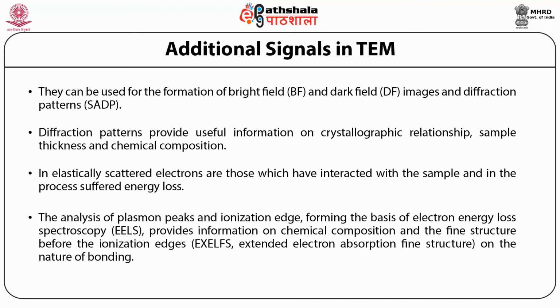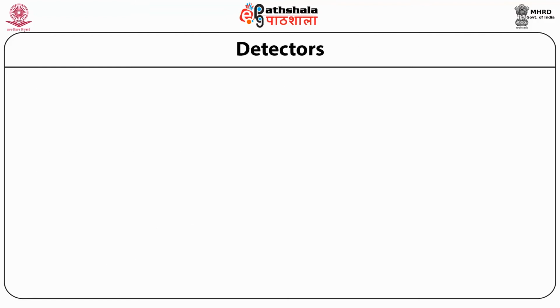The analysis of plasmon peaks and ionization edges, forming the basis of electron energy loss spectroscopy, provides information on chemical composition, and fine structure before the ionization edges on the nature of bonding.